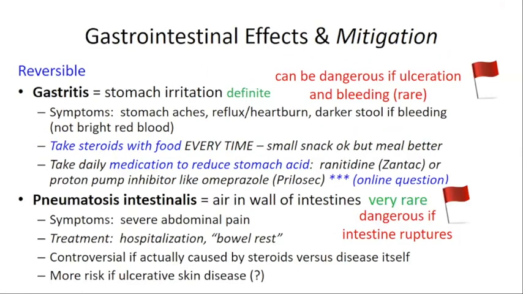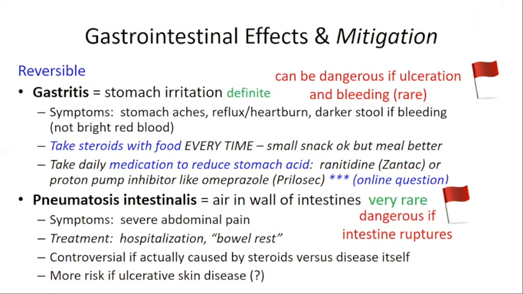Some other important side effects of steroids have to do with the gastrointestinal tract, so you can get gastritis or irritation of the stomach. It's important to take steroids with food every time they're taken to make sure that the stomach lining doesn't get irritated. And most rheumatologists will prescribe an antacid medication like ranitidine or omeprazole.